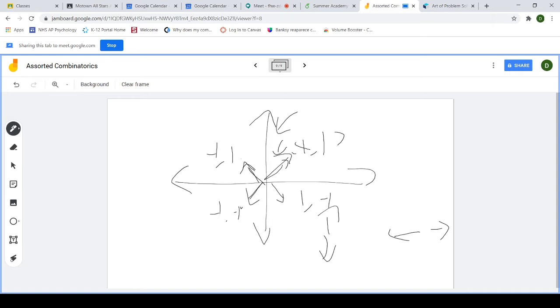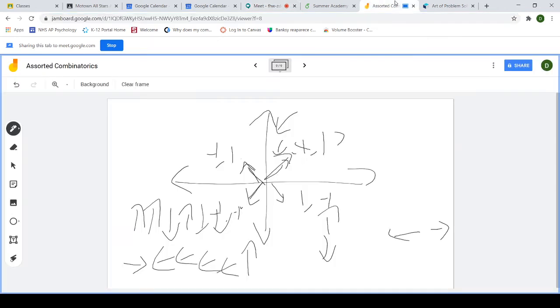So each one of these diagonals can be thought of as going up or down for each choice, and then going left or right for each choice. So basically, we make 6 choices up or down, and we make 6 choices left or right. And these determine our 6 moves.